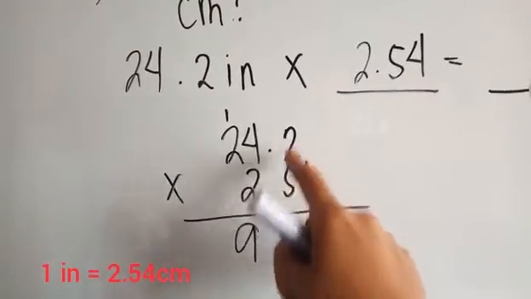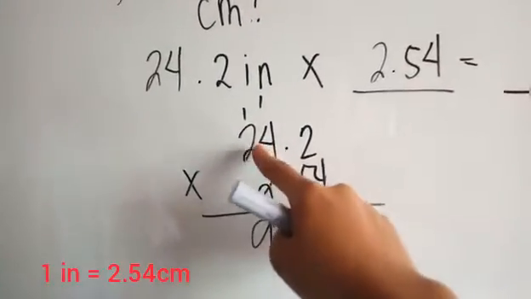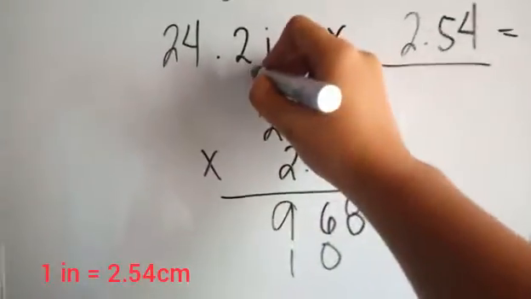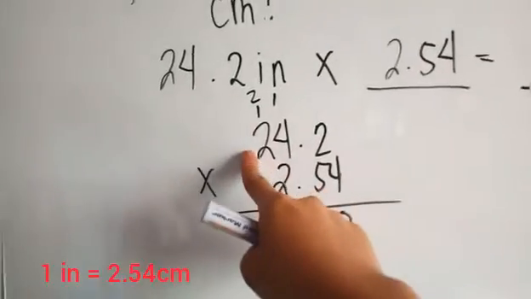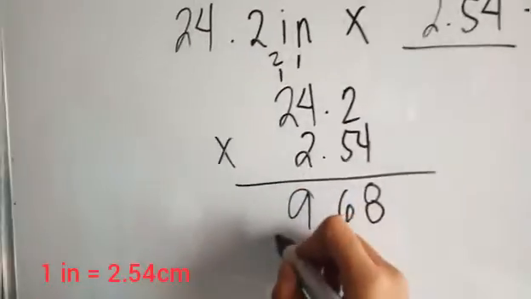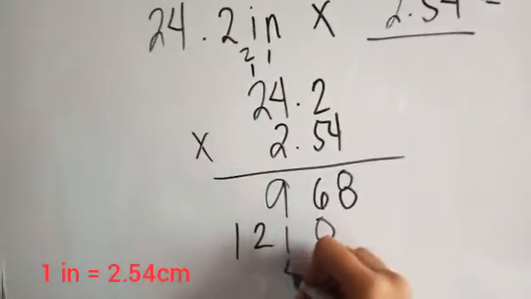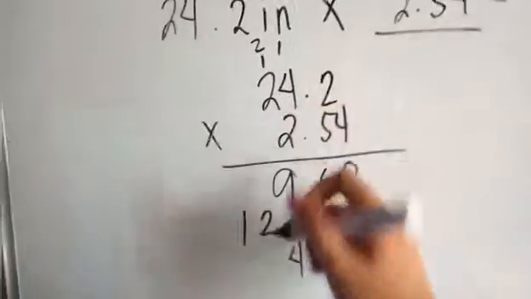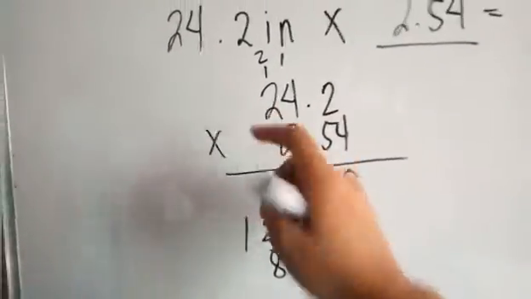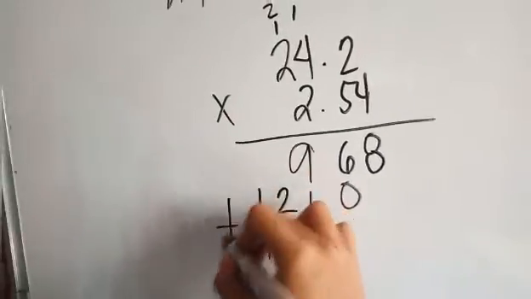So, 5 times 2 will give us 10. 5 times 4, 20 plus 1, 21. Then, 2 times 5 is 10. Plus 2 is 12. Next, 2 times 2 is 4. Then, 4 times 2 is 8. 2 times 2 is 4. Then, just add lang yan.